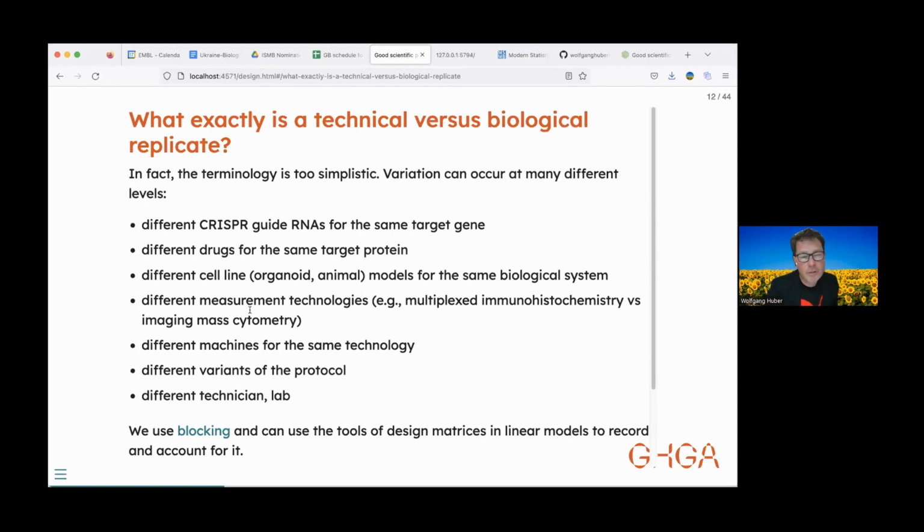We could have used different measurement technologies, because for instance, we could look at the same tumors using multiplex immunohistochemistry or imaging mass cytometry, and so on. We could use different machines, for instance, different sequencing machines for the same technology, or different variants of the same protocol, different technicians in labs. So as you may imagine, at all of these different levels, there's a potential for variation.